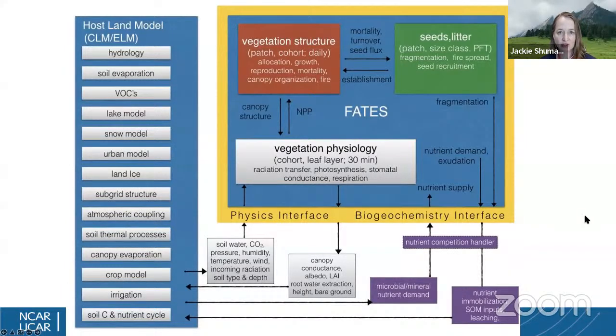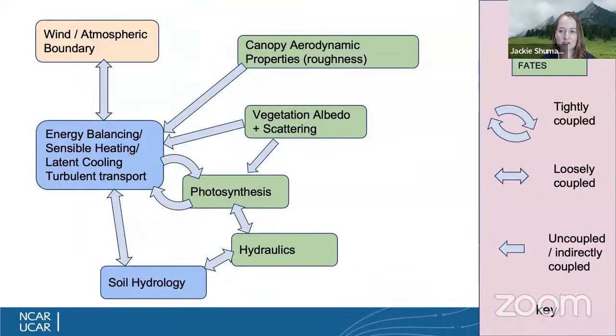FATES handles all the vegetation structure, regeneration, seeds, as well as physiology. And then it interacts with the host land model. It interacts with CLM, it can also interact with ELM. Those interactions have different layers of coupling in terms of how frequently that information is updated with each time step. Something like photosynthesis is tightly coupled and updated multiple times within a time step.